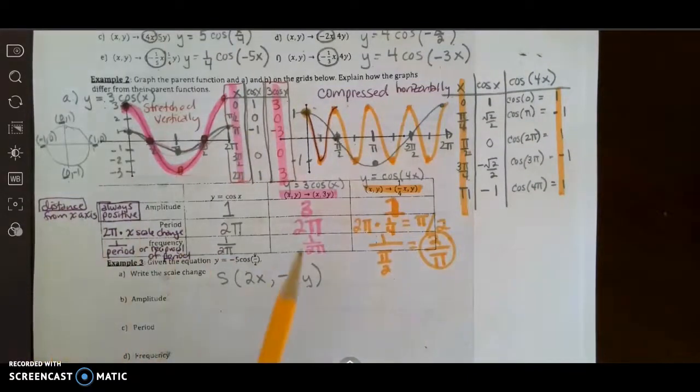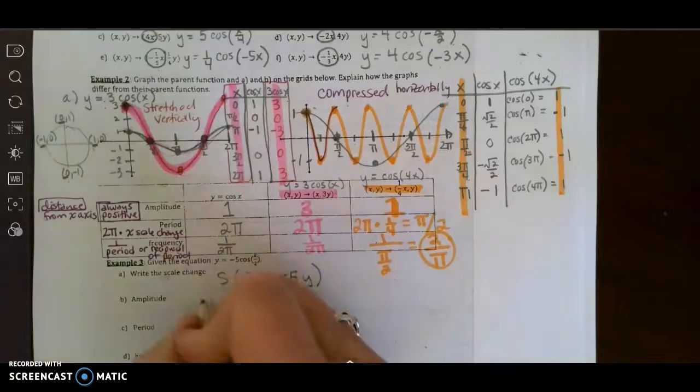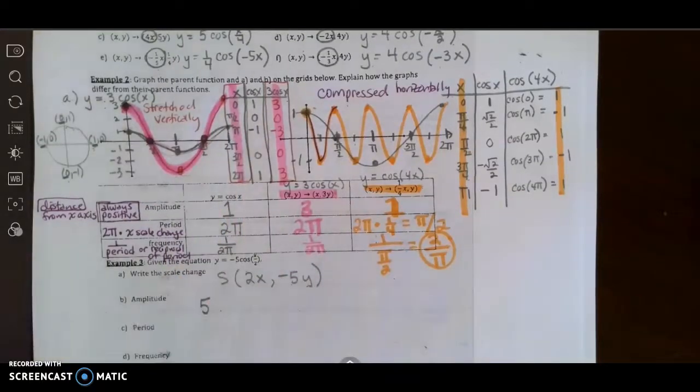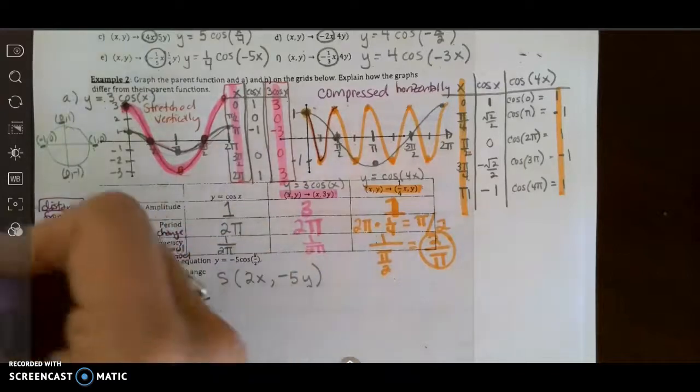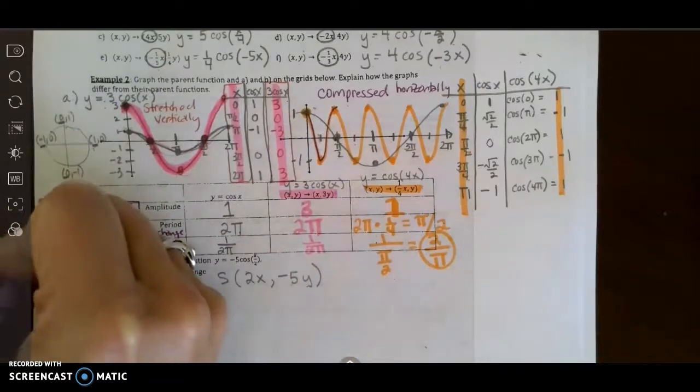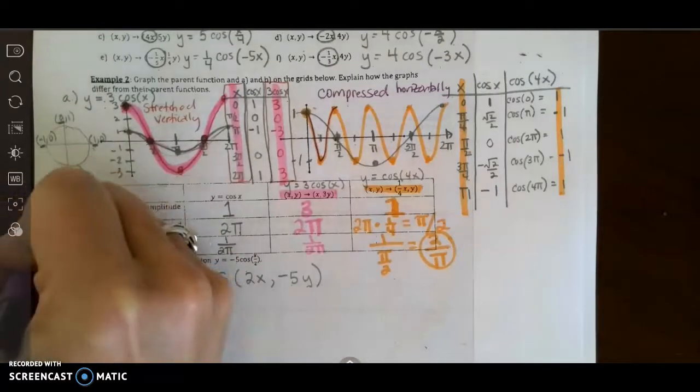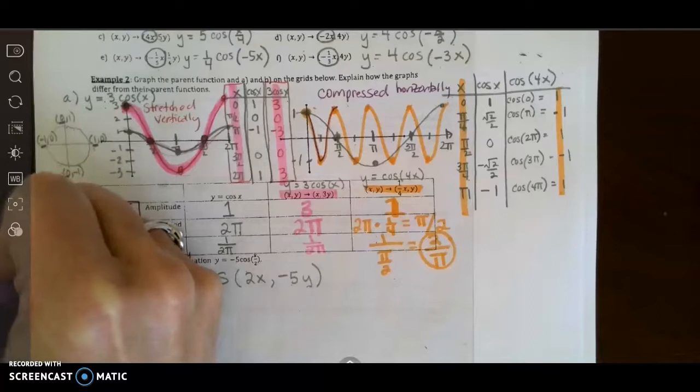It doesn't matter that this is negative. Yes, that's going to flip the graph, but that just means it's going to go 5 up and 5 down. So 5 is the amplitude. So we might want to even write here that the amplitude is always positive. It's the distance from the x-axis, and it's the absolute value of the y scale change.